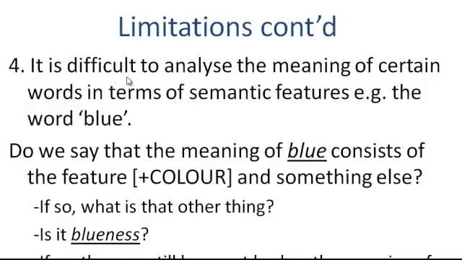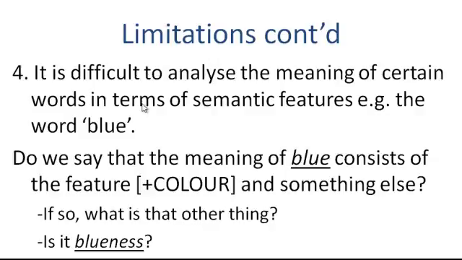Another disadvantage is that it is difficult to analyze the meaning of certain words in terms of semantic features, especially adjectives. Here we have in mind the adjective blue. For certain nouns like dog, woman, or man, as we've seen before, it is possible to describe or analyze them in terms of features. But with adjectives such as blue, it is difficult.